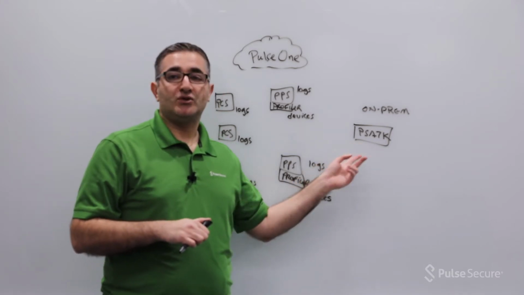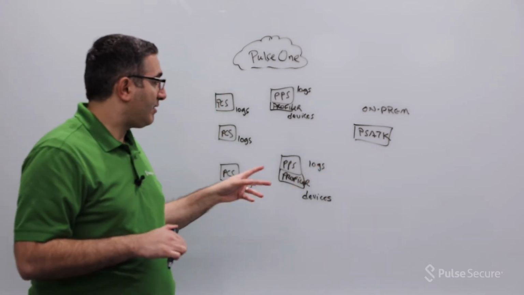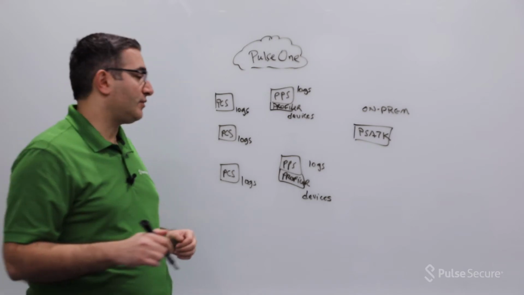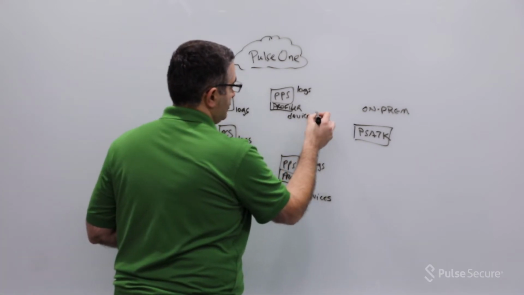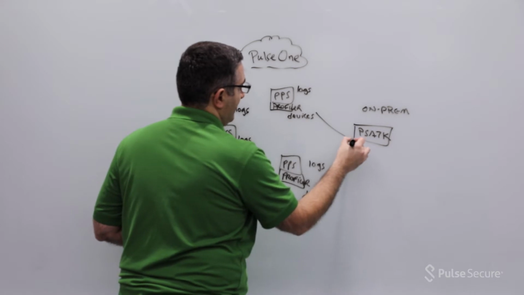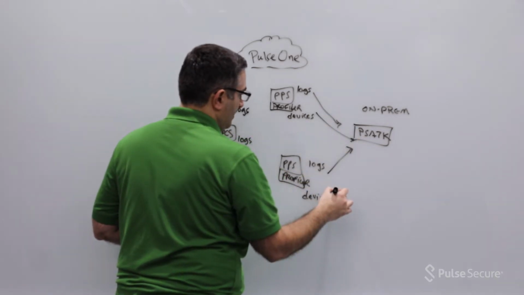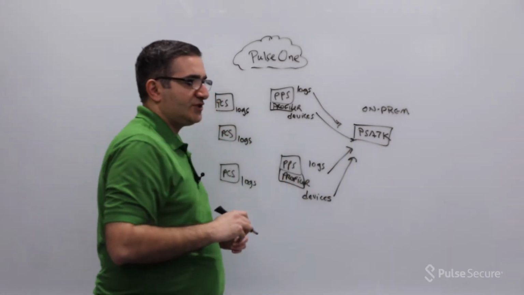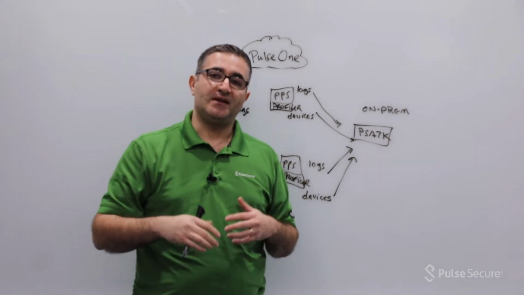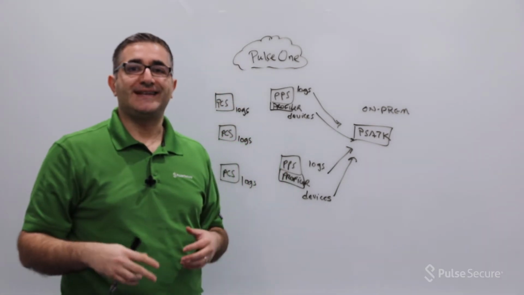So that's where Pulse One aggregation comes in. There's a few cool things we can do. We can push all the logs and everything to Pulse One, and instead of just having the data aggregated and nothing else, it's actually processed and indexed.